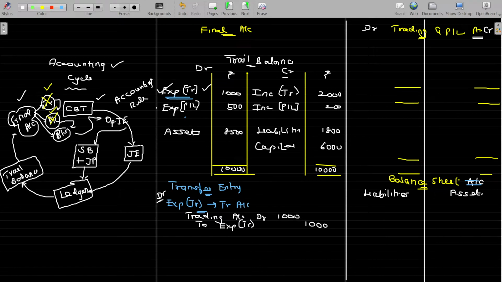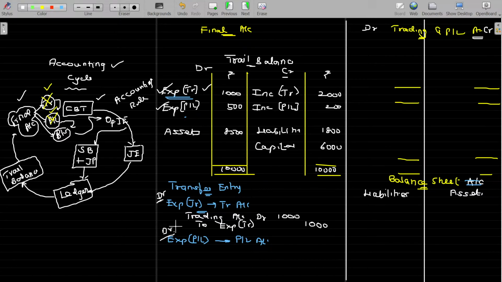And what about this entry? Expenses related to the P&L account will be transferred from the expenses to the P&L account. Further, the journal entry is: expenses of the P&L account to the P&L account. As expenses are debit, to transfer this debit, what should we do?